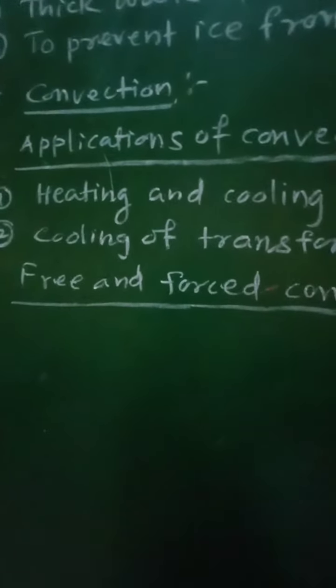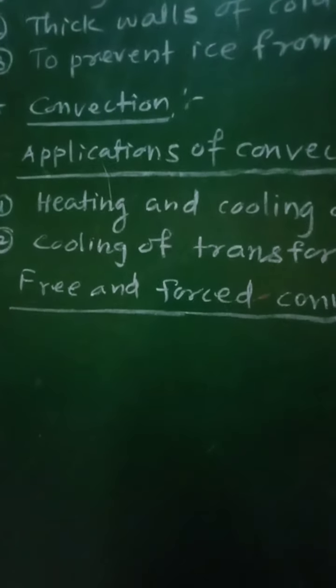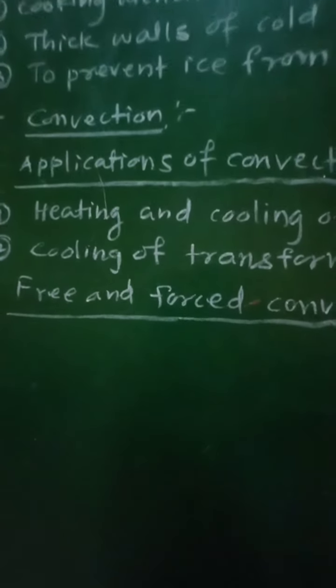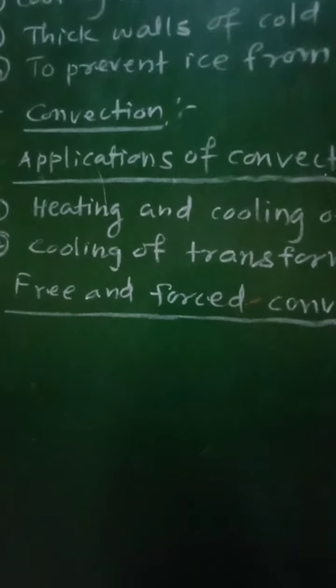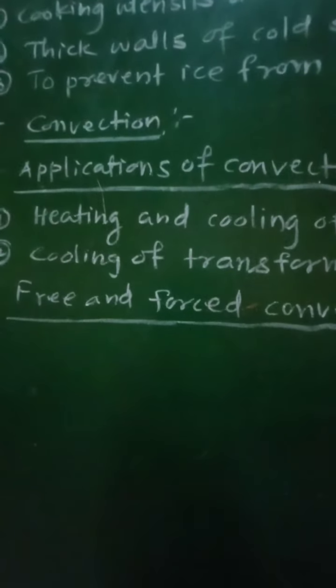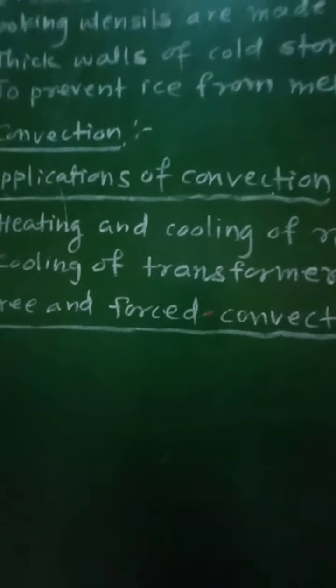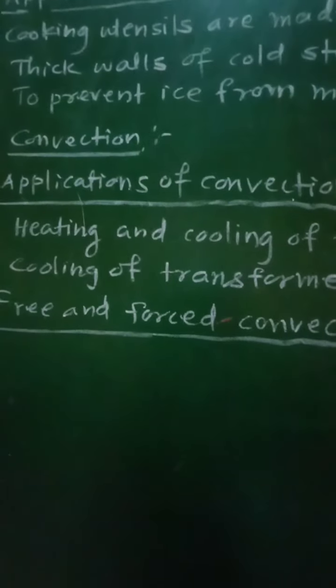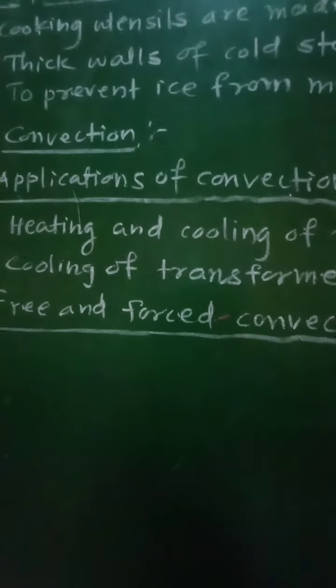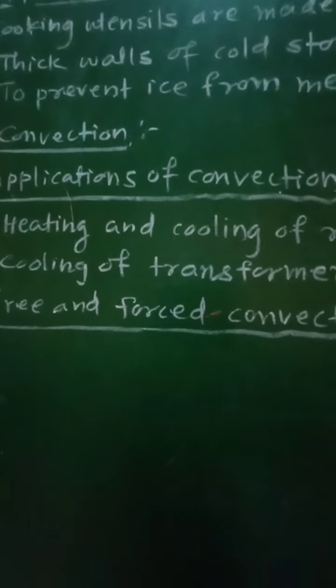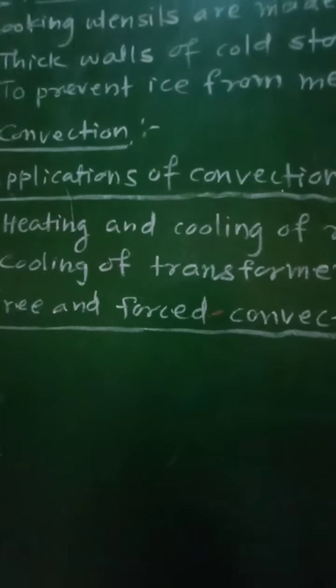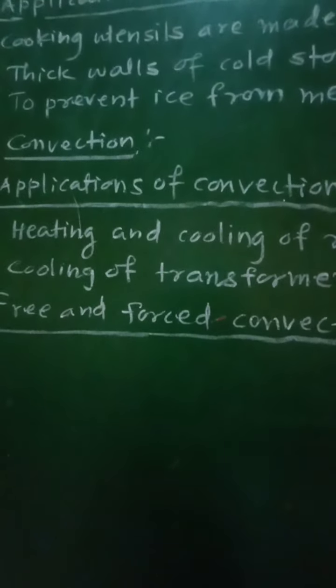at that time a large amount of heat energy will be produced, and therefore the transformer is always kept in a tank containing oil so that it will get cooled. The oil in contact with the transformer body heats up, thus creating the convection currents.